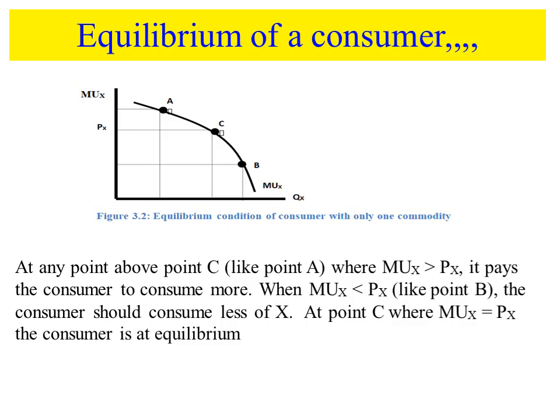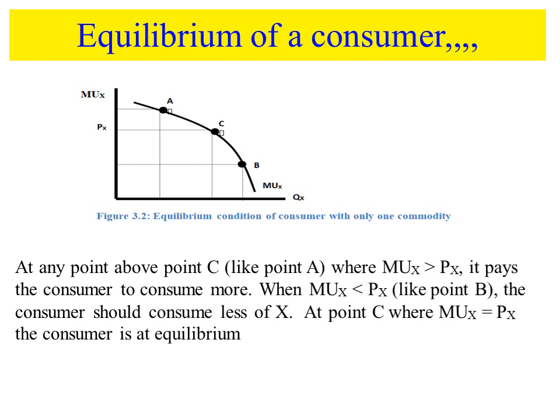That means your satisfaction is 120 birr, or 120 utils, because satisfaction or utility is measured by utils, and your expenditure is 120. They are equal. So at this point, your satisfaction is equal to expenditure. At this time, it is at equilibrium point.